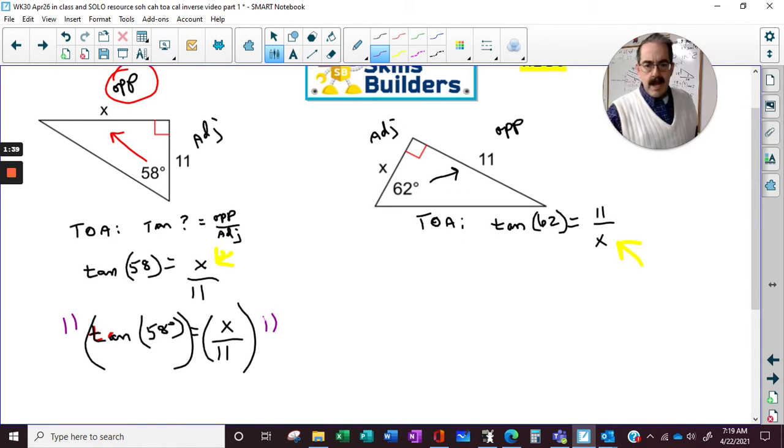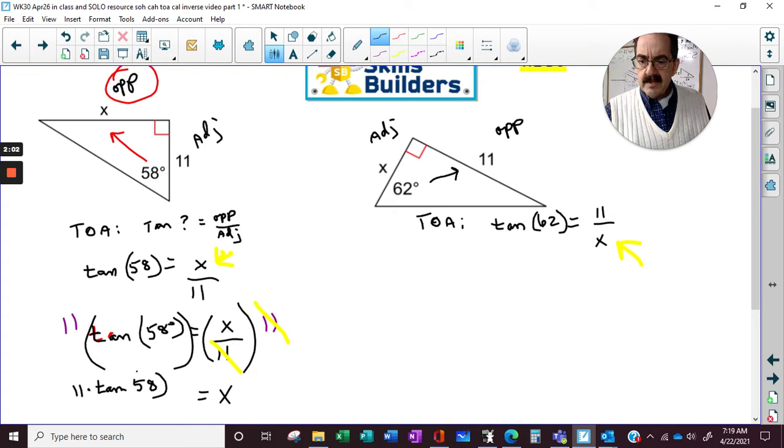Now, if we're going to multiply by 11, what's 11 divided by 11? 1. Anything divided by itself is 1. So we have x by itself. Yay, we win. X is equal to 11 times the tangent of 58 degrees. All right, we got it.